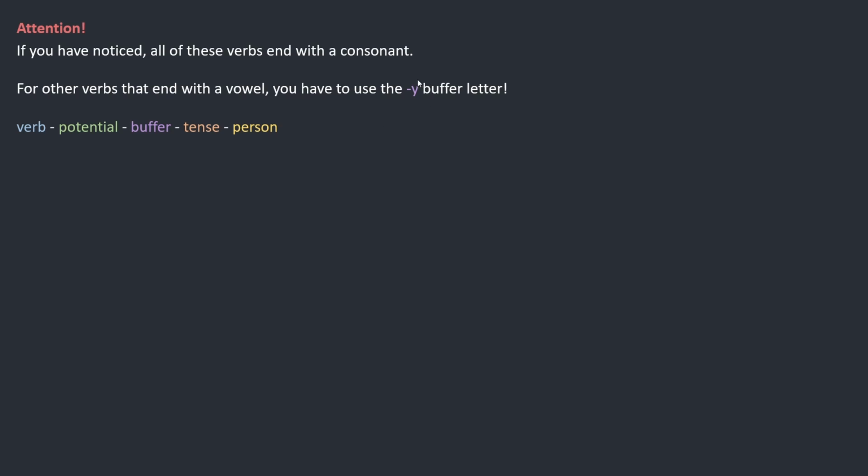What you are doing here is inserting the y buffer before... wait, it's in the wrong order. Let me change this. It should go here. Buffer comes before the potential.